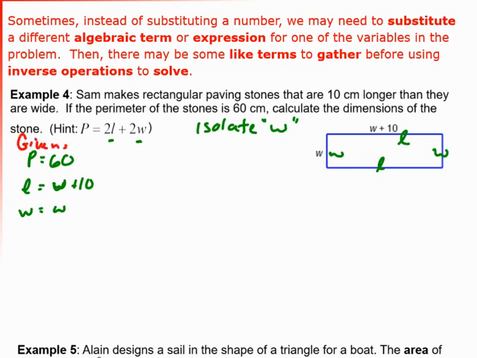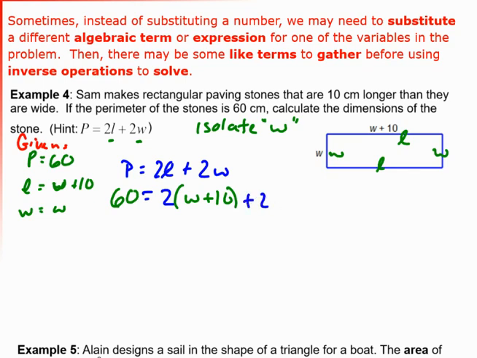That's good to know. Okay, so if we're going to solve this now, P equals 2L plus 2W. Let's substitute in the numbers. So we have 60 equals 2 times L. Now L is W plus 10, plus 2W. It hardly makes sense to substitute this, but there it is, W for a W. So guess what we're going to have to use?